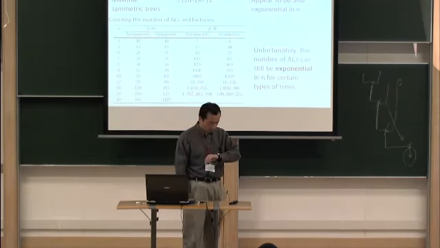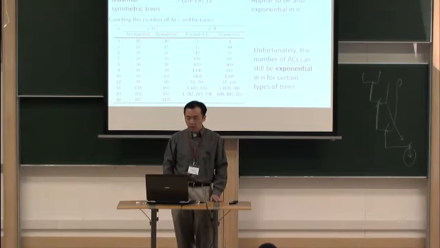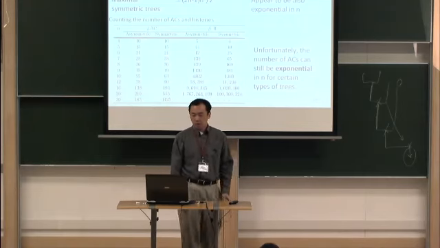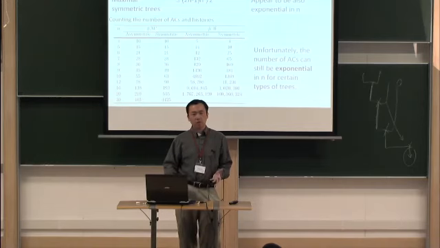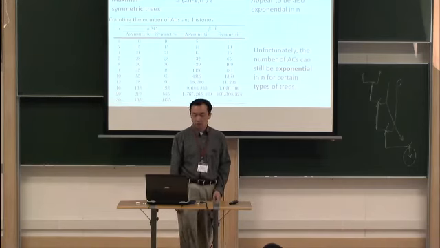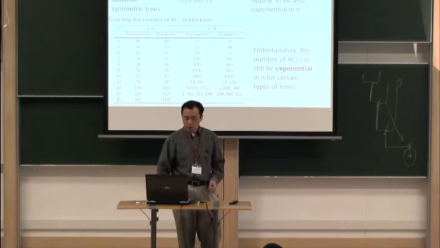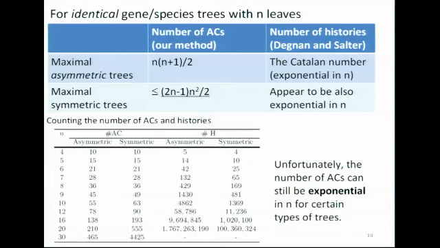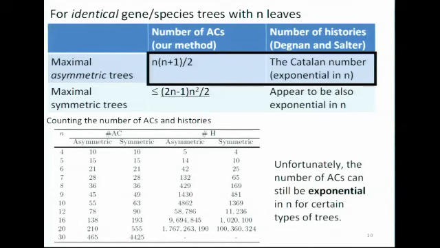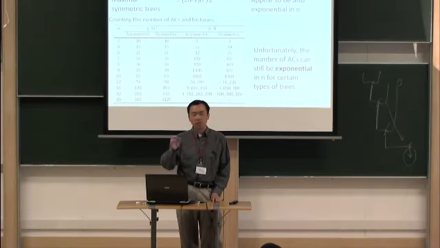All right. So why is this better than the Degnan-Salter algorithm? I want to compare the number of ACs, ancestral configurations, used in my method versus that used in Degnan-Salter's approach. Here we assume the gene tree and the species tree have the exact same topology. In one example here, a so-called maximum symmetric tree, which is just like a caterpillar tree, you can see the number of ancestral configurations is just n times n plus 1 over 2, which is a polynomial in the number of species, where n is the number of species.